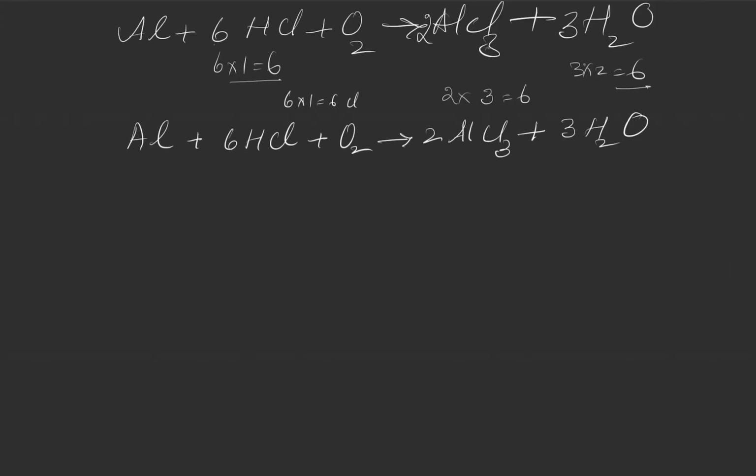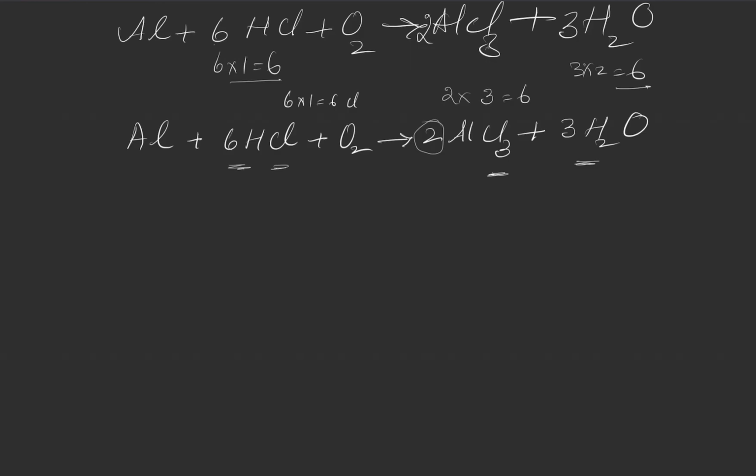If you just tally everything, 6 hydrogen, 3 into 2, 6 hydrogen. Oxygen, just leave it for the time being. 6 chlorine, 3 into 2, 6 chlorine here. Here 2 Al, there is only 1 Al here.